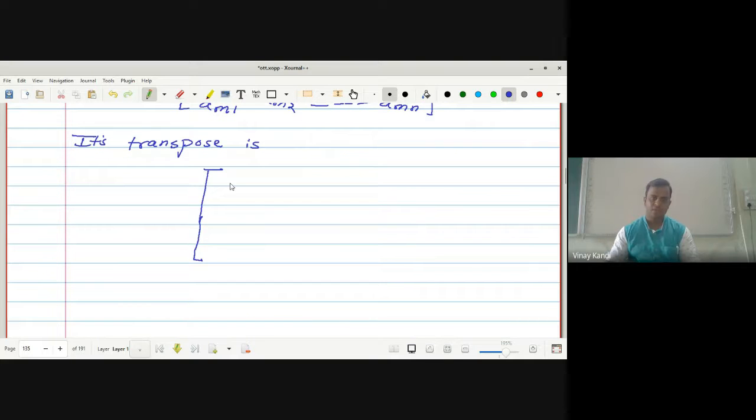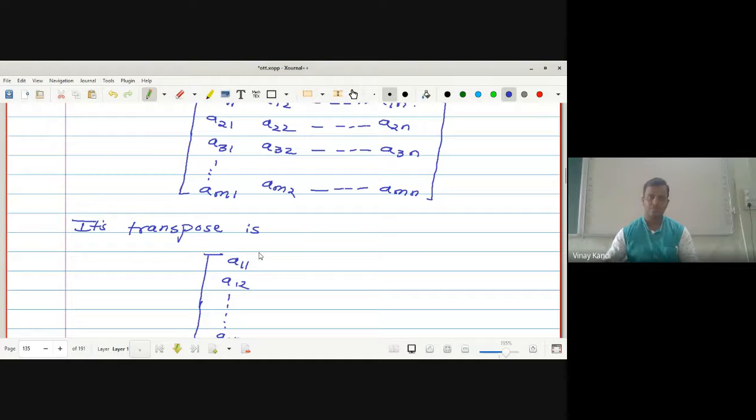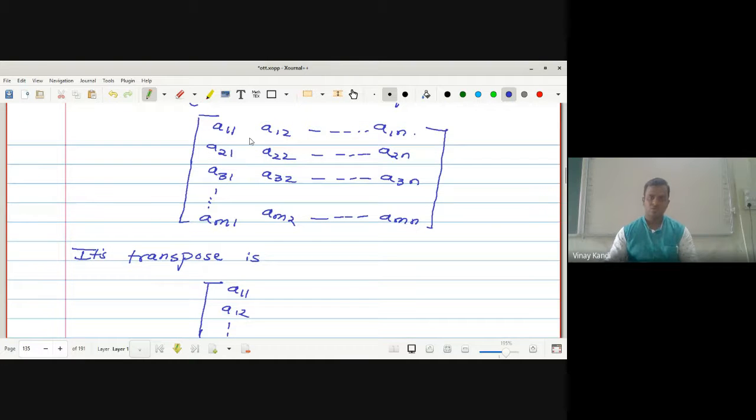Now this first row becomes the first column.